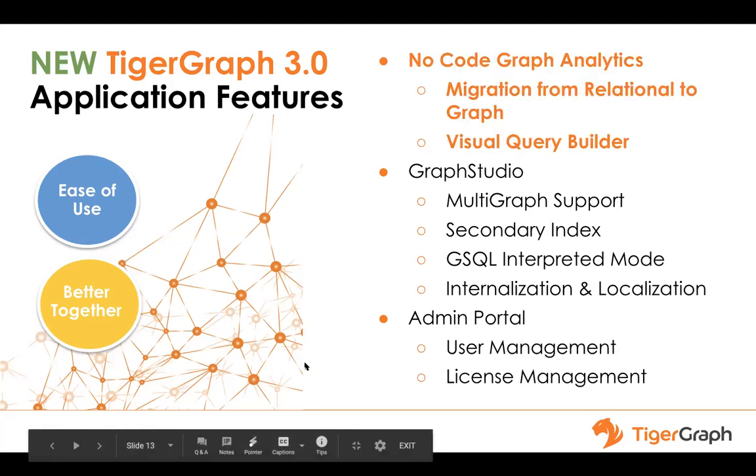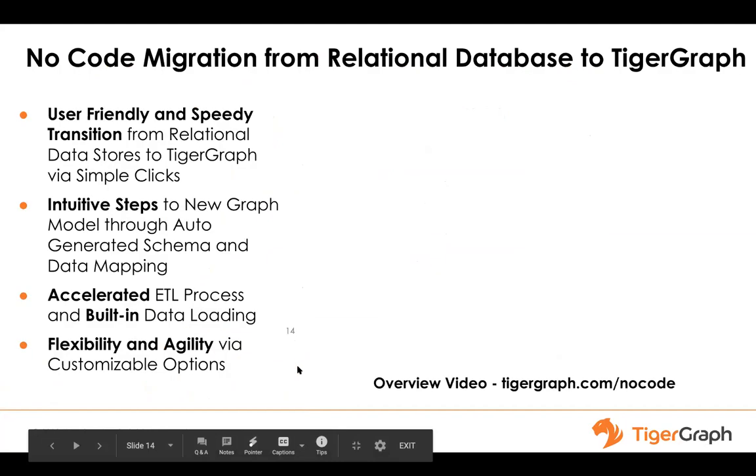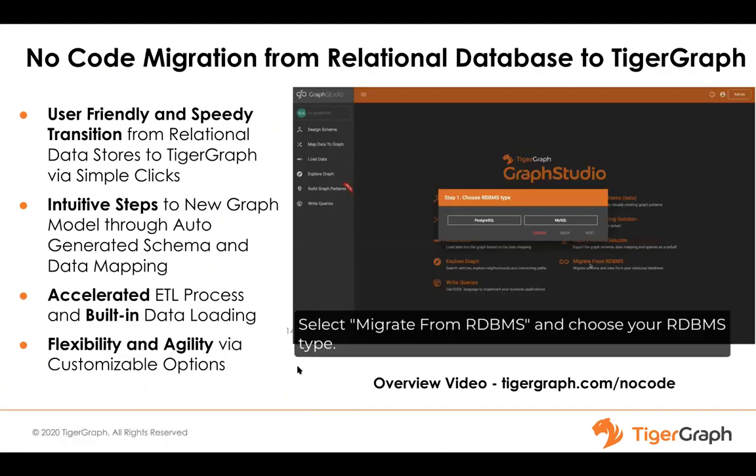Let's get into the no code. The first no code is really getting data from relational databases to TigerGraph, the no-code migration. So developers who are familiar with relational database can use this feature to auto-generate a graph schema, which will serve as the first draft for TigerGraph graph schema.